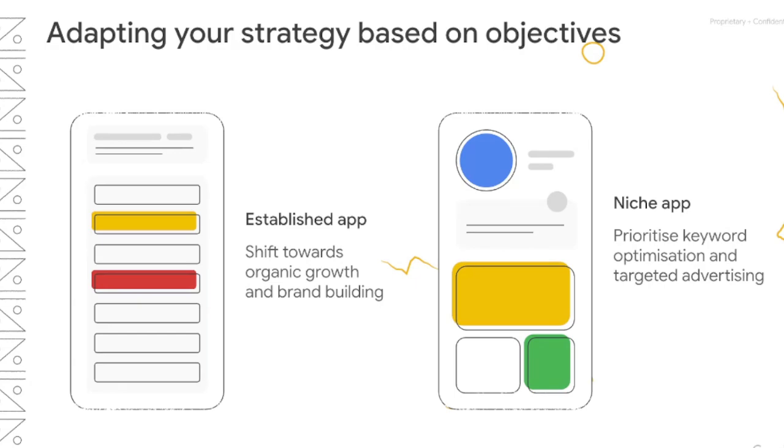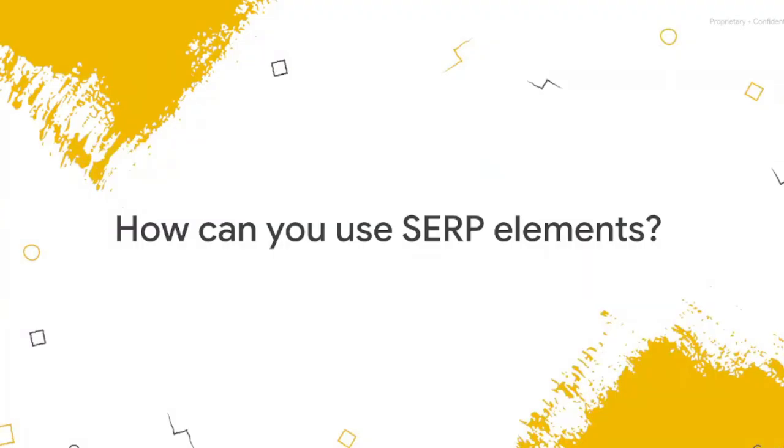However, if you have a niche app, targeting a specific market or audience, you need to prioritize very specific long tail keywords, optimize them, and target advertising to reach your specific user group. So that's just understanding what your objectives are and how to adjust your approach based on that.